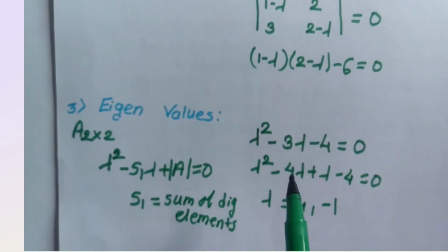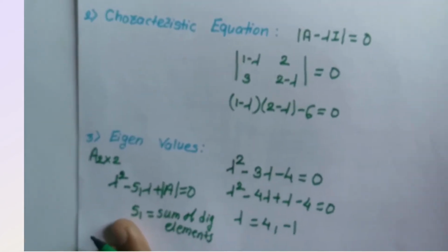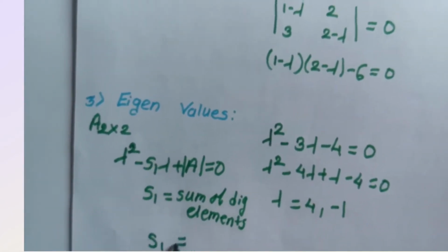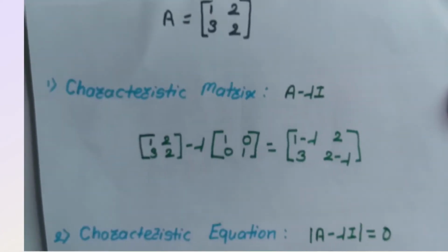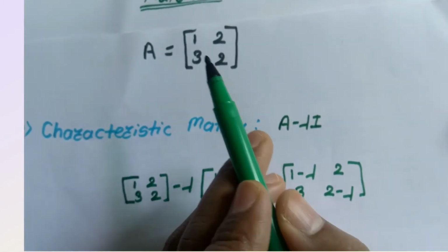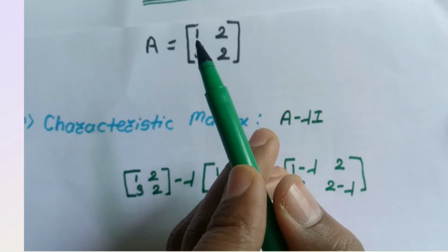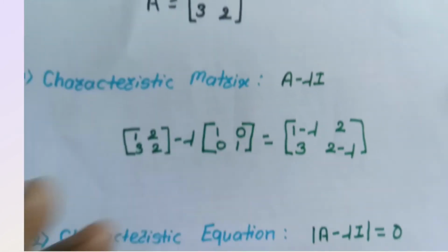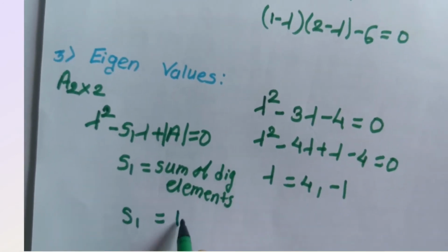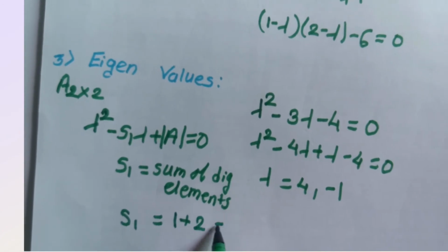How do we check whether it is correct or not? For the same example, I am solving for S1. Here our given matrix A is 1, 2, 3, 2. The diagonal elements are 1 and 2. If we add them, we get 3. So the sum of the diagonal elements, 1 plus 2, is 3.